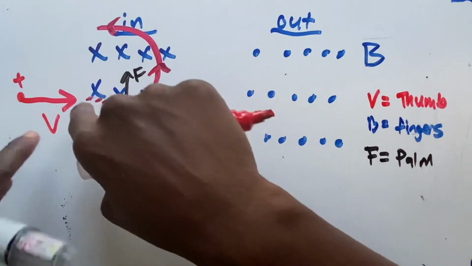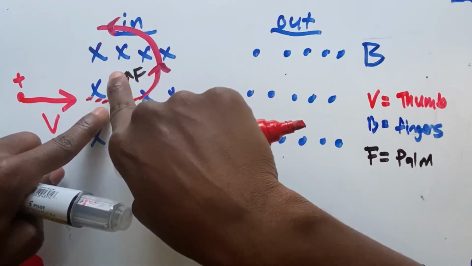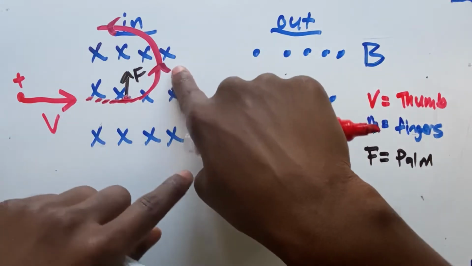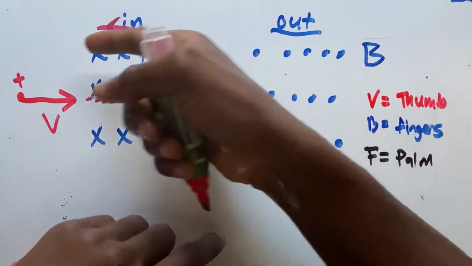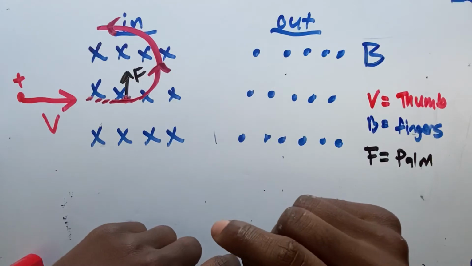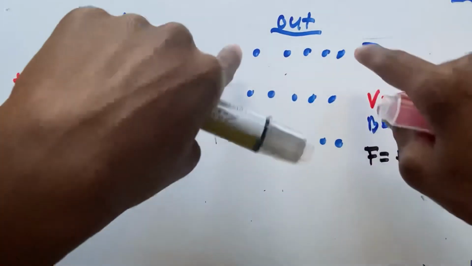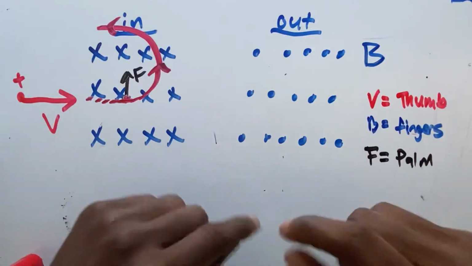And basically what's happening is once it gets here, it experiences force upwards, and then once it gets to this point here, the force pushes inwards, which causes it to turn around.